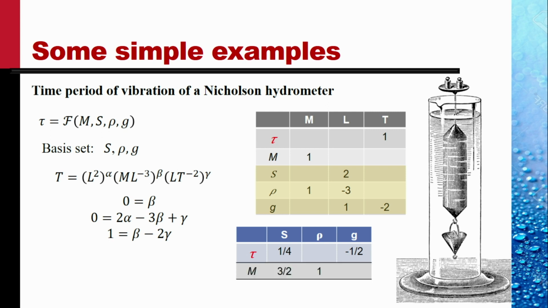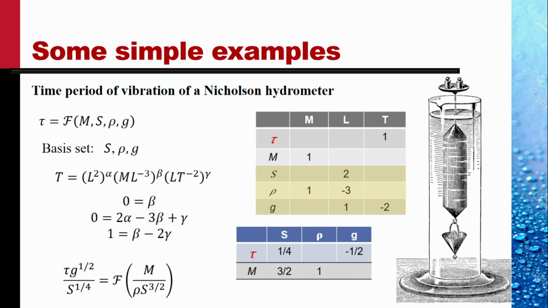And m, if we do the same thing, we'll find the dimension would be S raised to power 3/2 and rho raised to power 1. So that the non-dimensional dependent group is tau G raised to power 1/2 divided by S raised to power 1/4. And that will be a function of m divided by rho times S raised to power 3/2.